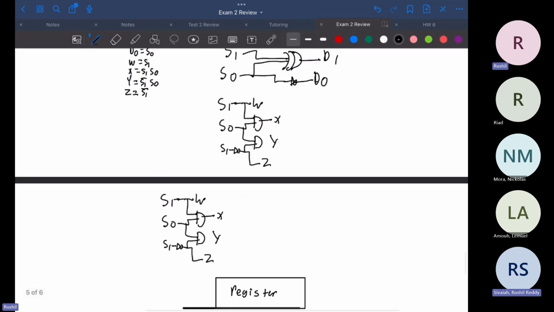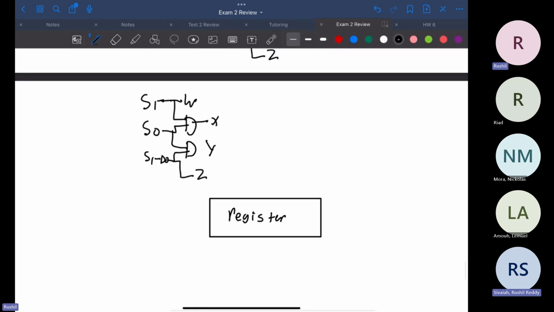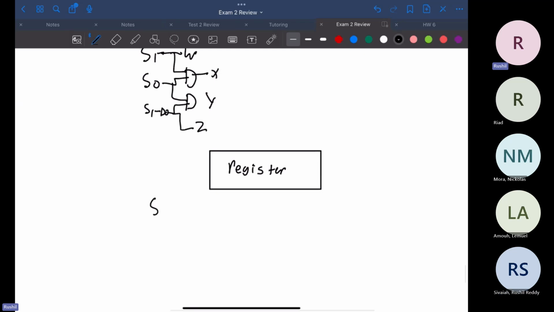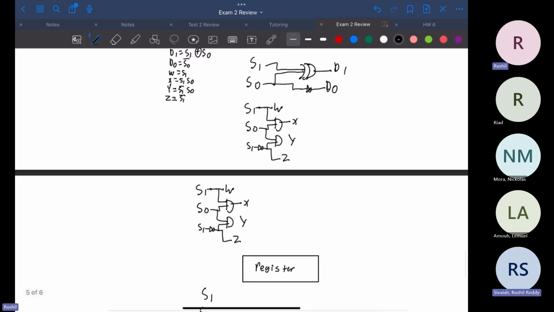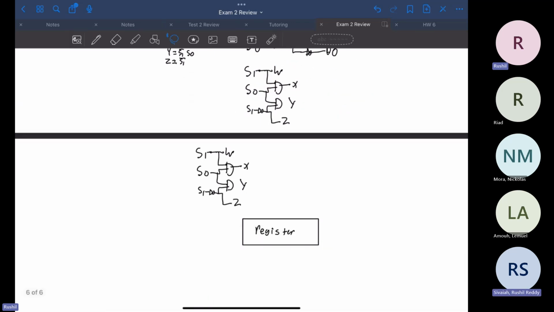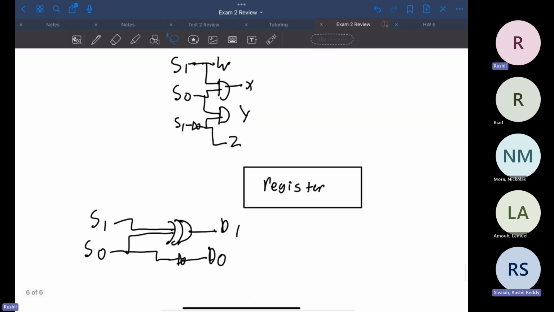Okay. So then if we take our S1 and our S0 right here, and we just copy this. Since this one will be our D1 and our D0, instead of just having those go into nowhere, we're now going to put those wires into our register, like so.